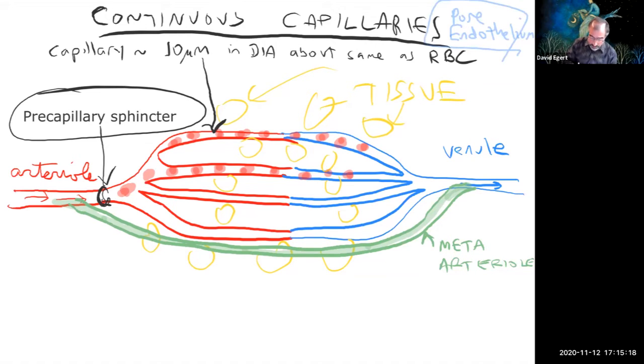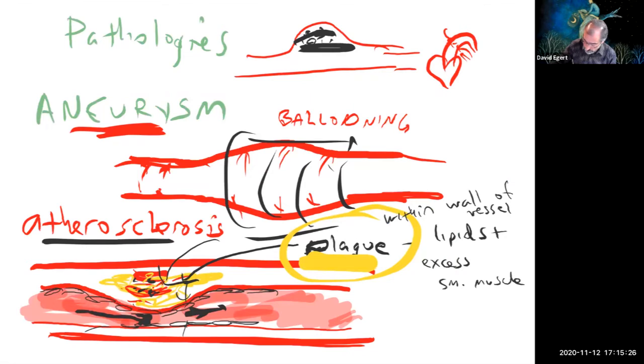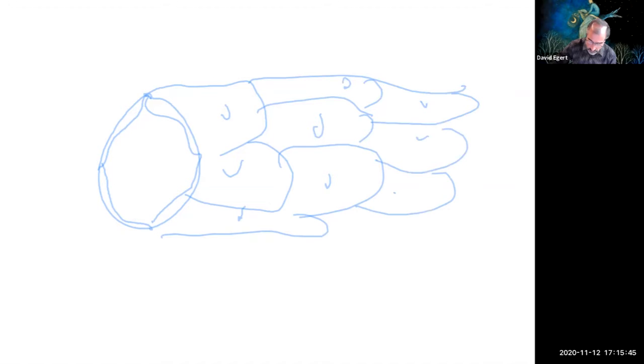If you look at a capillary, it's basically just these little frisbee cells making a super tiny tube.